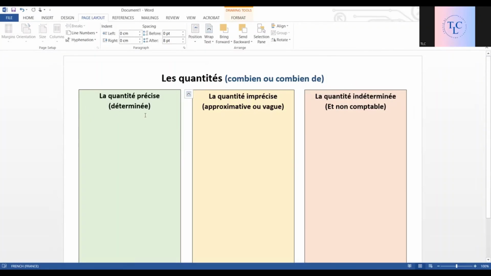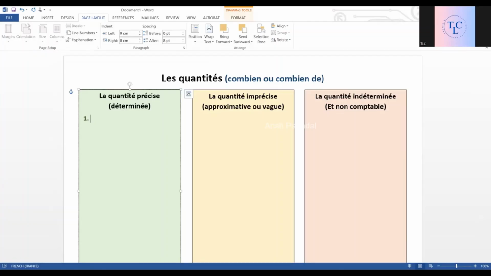Let's take la quantité précise first. Okay, so there are many ways of expressing it. La quantité précise is basically a known quantity and something that we can count or measure. The quantity is known to us and it is precise.